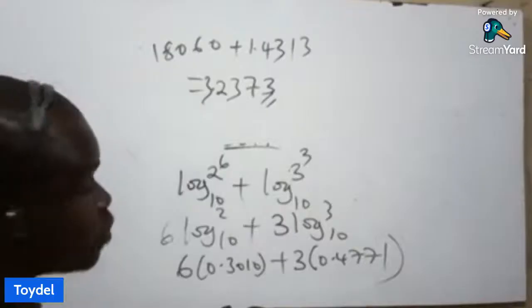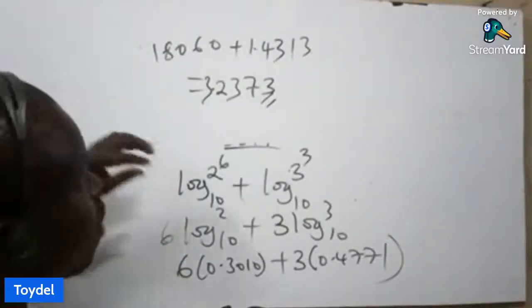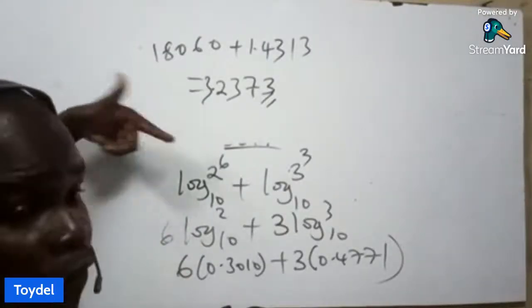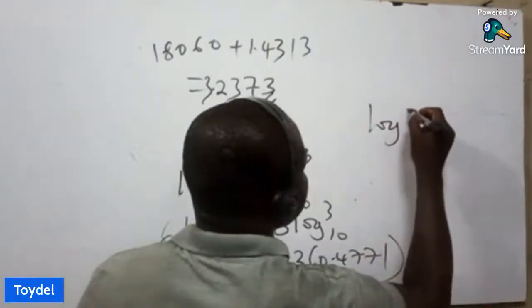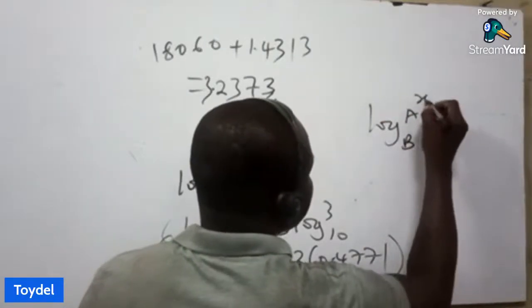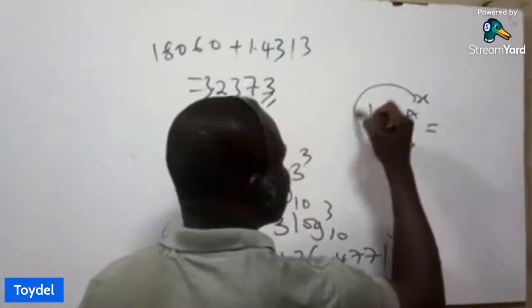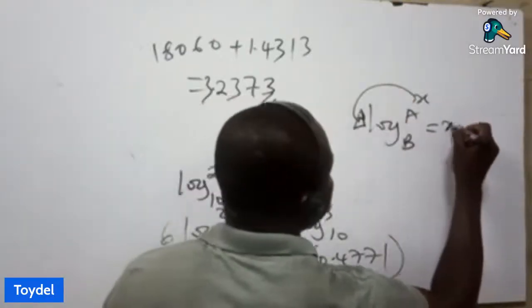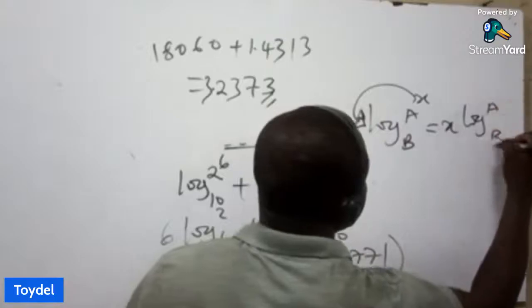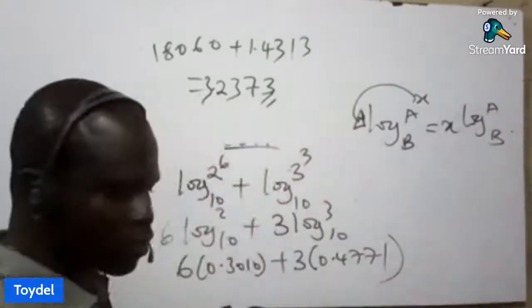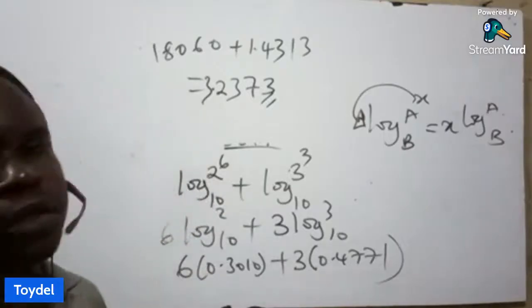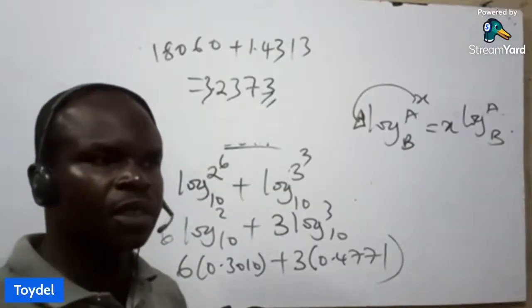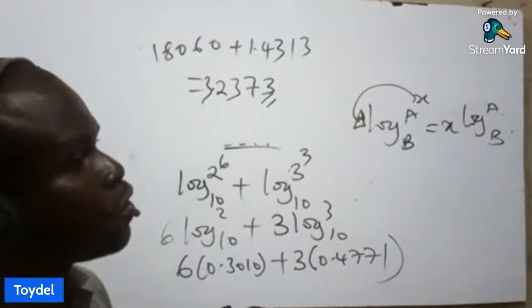So we were able to solve this because we know the law of logarithm that says that if you have log of a base b raised to power x, this x can come down to have x log a base b. So I want to advise that we should go over the video on simple exponential equation, indices, and logarithm.